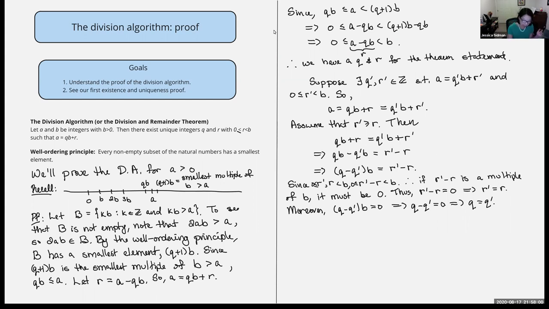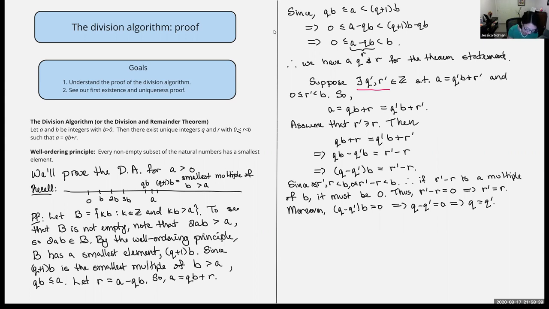What's happened here is that in the second part of this proof, I said, suppose there exist other integers Q prime and R prime such that A is equal to Q prime B plus R prime, and R prime is a possible remainder. And when I do this algebra, what I see is that the Q prime has to be the same as my Q that I found in the first part of my proof, and the R prime has to be the same as my R. So in fact, my Q and R are unique, and we're done.